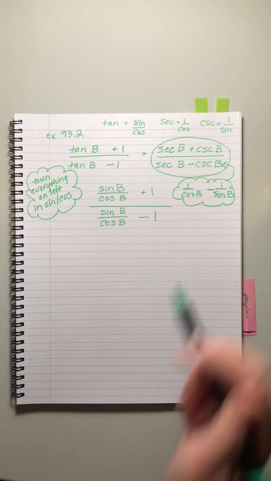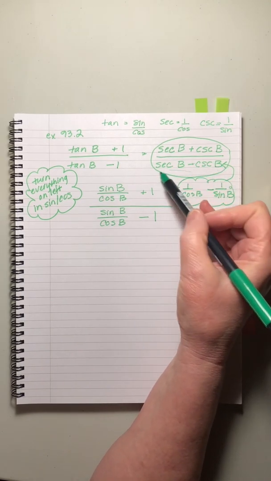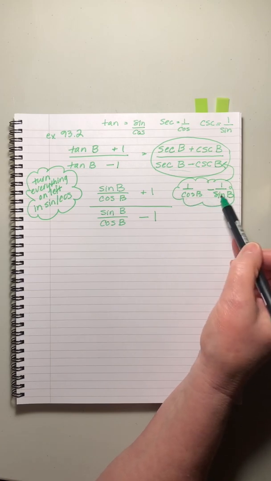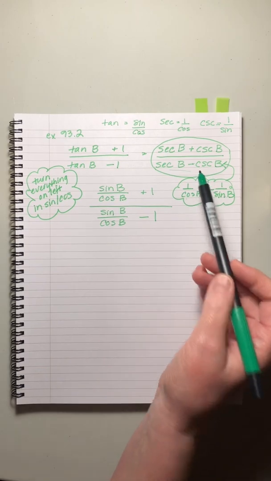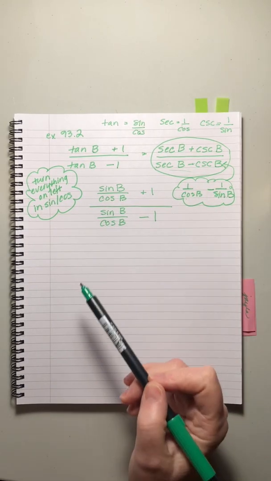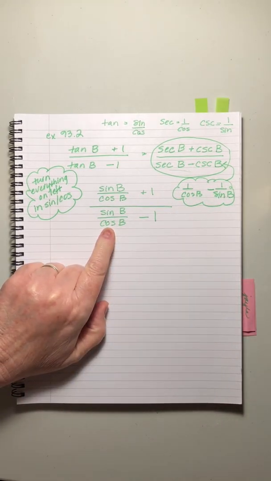Okay, what I was saying before I was interrupted was that I just want to remember what this looks like in cosine and sine so that I know when I get there, because secant and cosecant don't fit as neatly and quickly into my head as sine and cosine do. So I'm trying to make this look like this, and I go, hey, wait a minute.